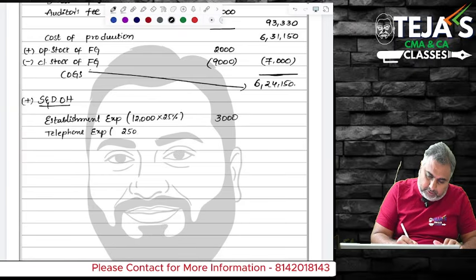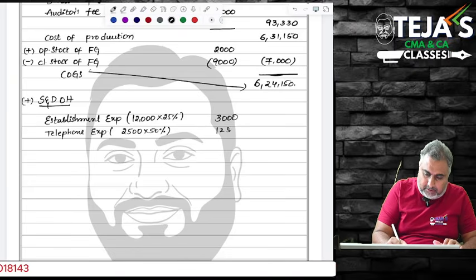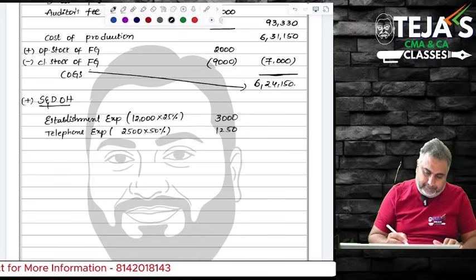Telephone expenses 2,500 into 50% is equal to 1,250.